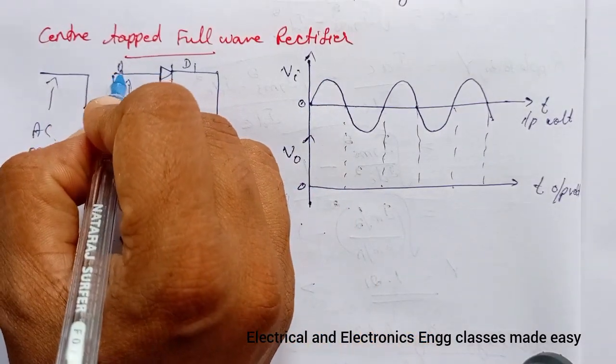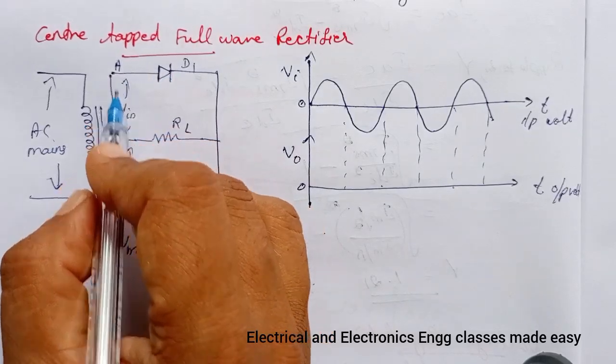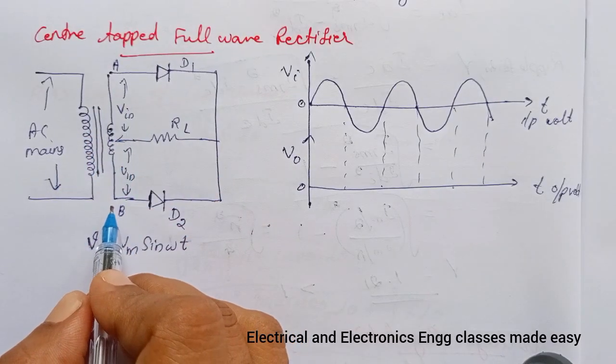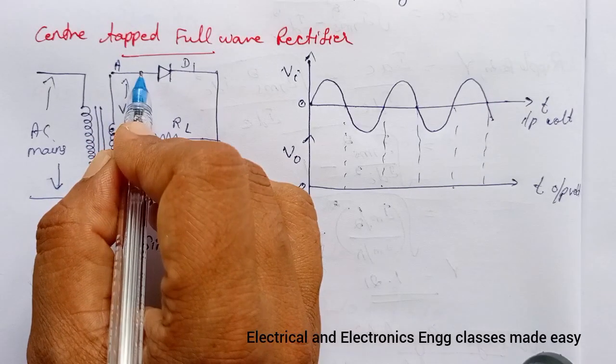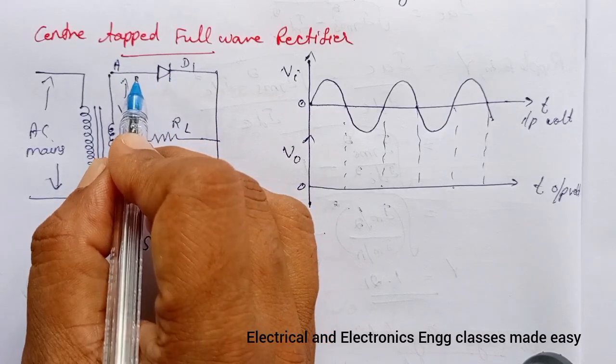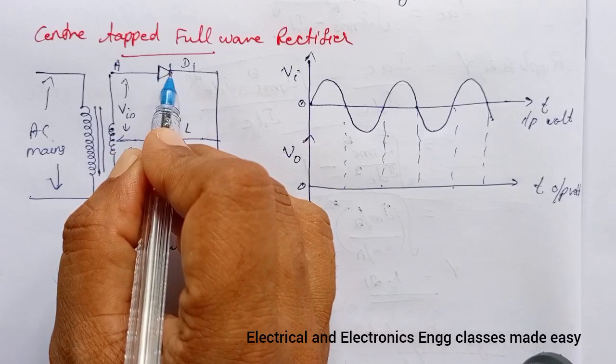let this terminal be A and this be B. Terminal A is positive with respect to B, so diode D1 is forward biased and acts as a short circuit.